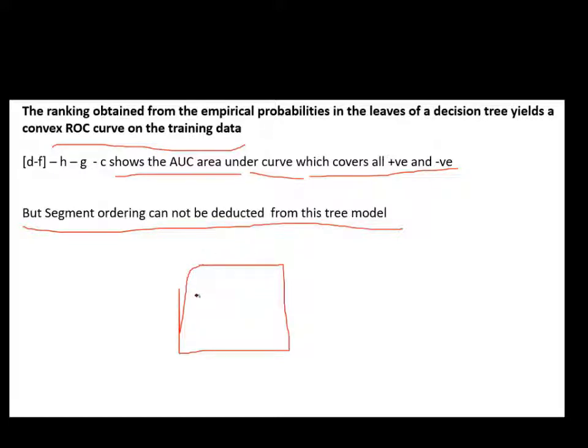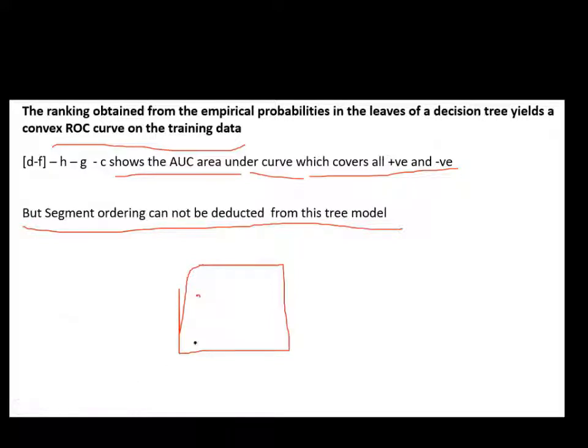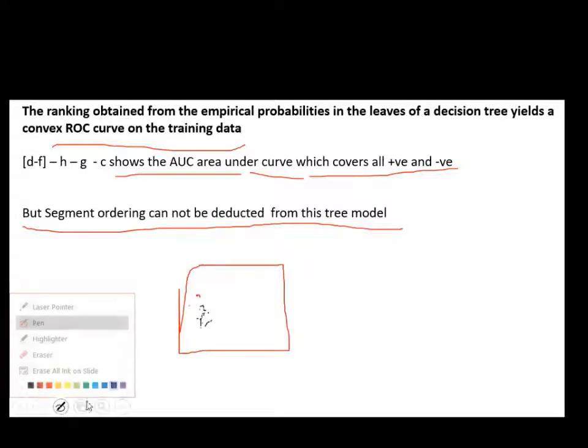Something like this: there are blue points like this, and similarly there are some red points. When such data is there, it is difficult to separate these, and segmentation would be a difficult task in such cases.